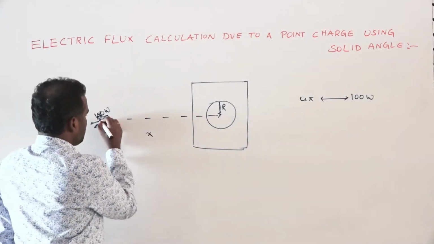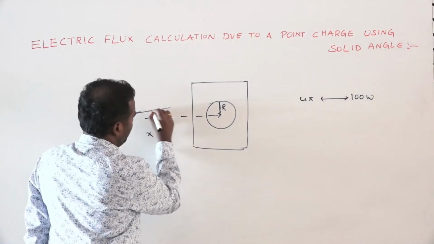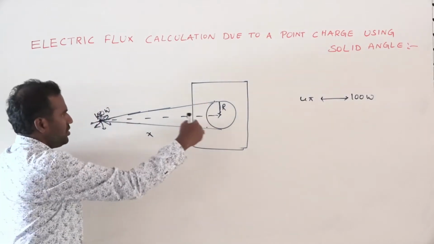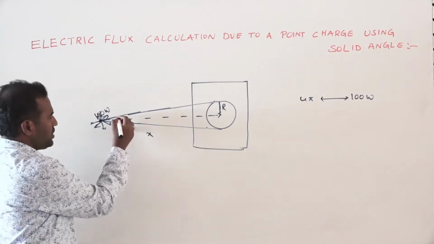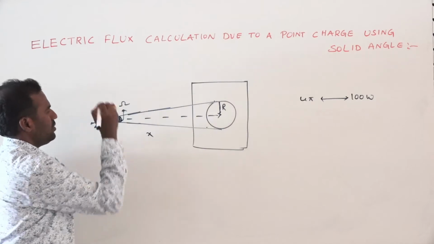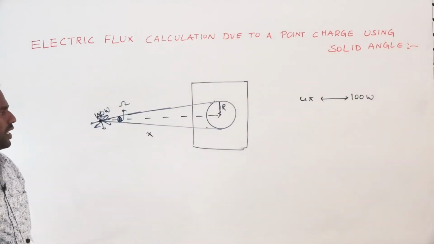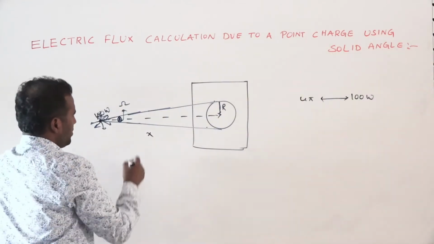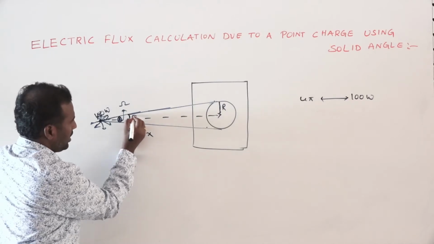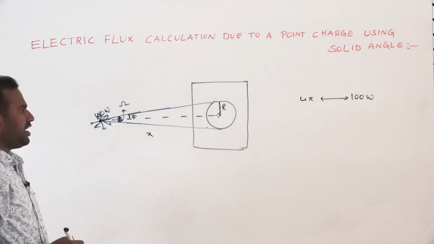Then from this point, the light passes through the hole, and the maximum amount of light passes through as this much solid angle. Over here, I am writing the solid angle as omega. Let phi be the half angle of the cone.